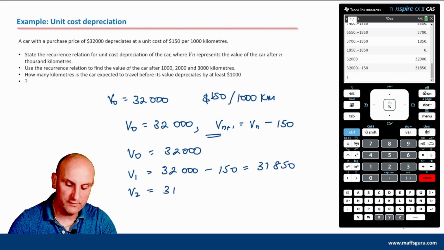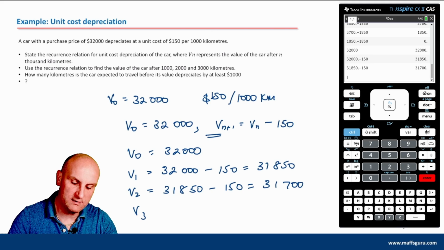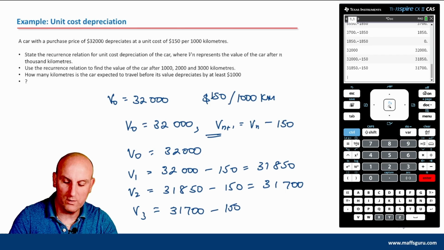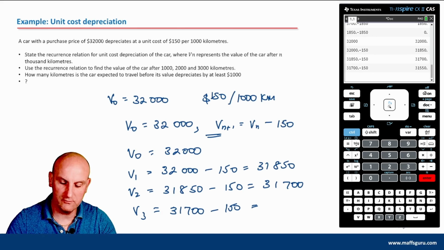V2, 31,850 minus 150 equals 31,700. And V3, which after 3,000 kilometers would be 31,700 minus 150, which gives me a grand total of $31,550. And again, I'm going to put those dollar signs in just because I can.